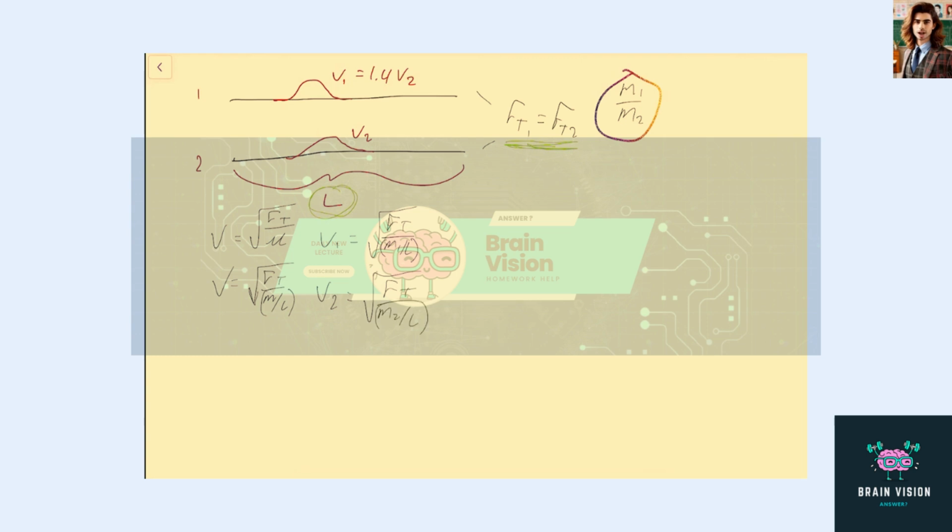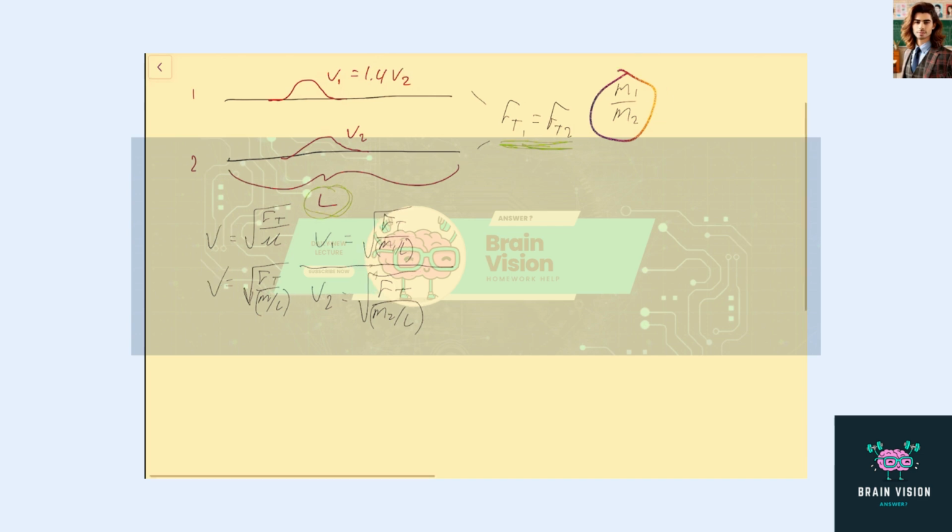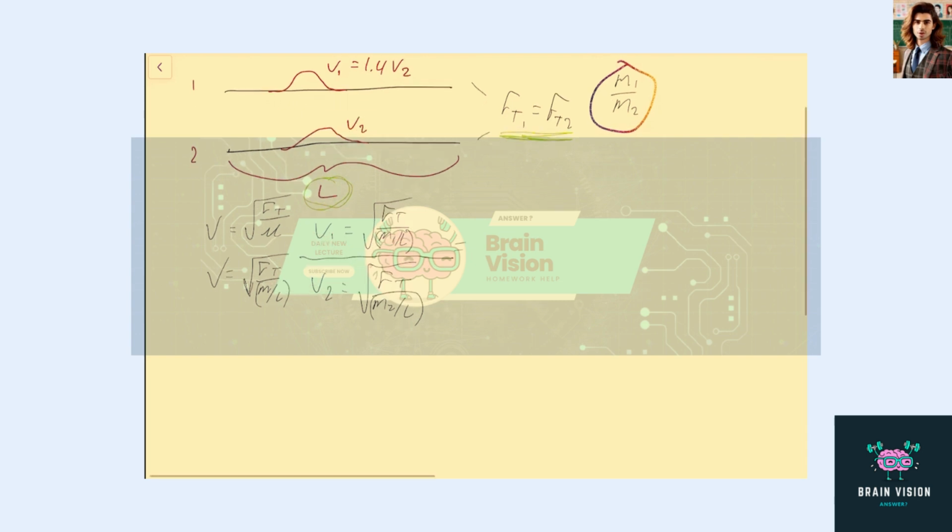And so what we're going to do is divide these two equations. Since we're dividing by a fraction, I'm going to multiply by the reciprocal to simplify the algebra a little bit. And we end up with V1 over V2 is equal to the square root of the tension divided by M1 over L, times the square root of M2 over L, since we're multiplying by the reciprocal, divided by the tension.